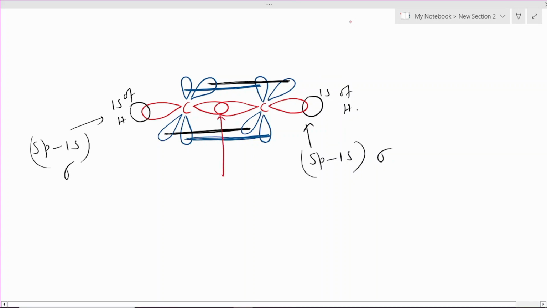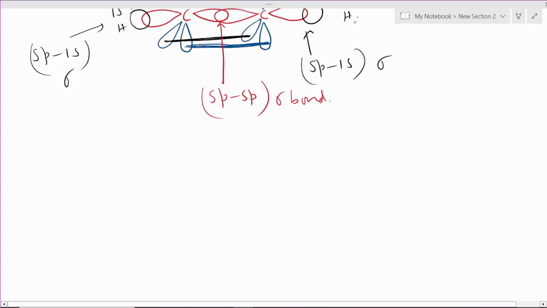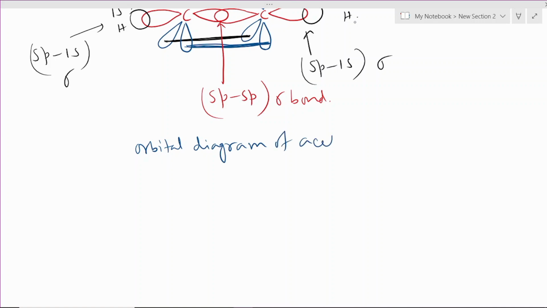This is sp sigma bond, and these are two pi bonds of 2p-2p. So this is the orbital diagram of acetylene.